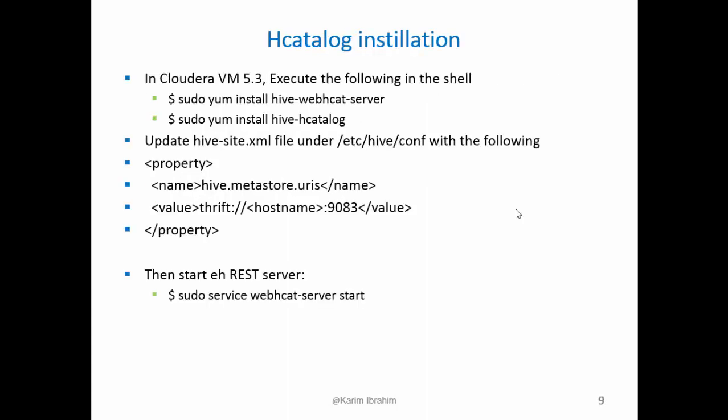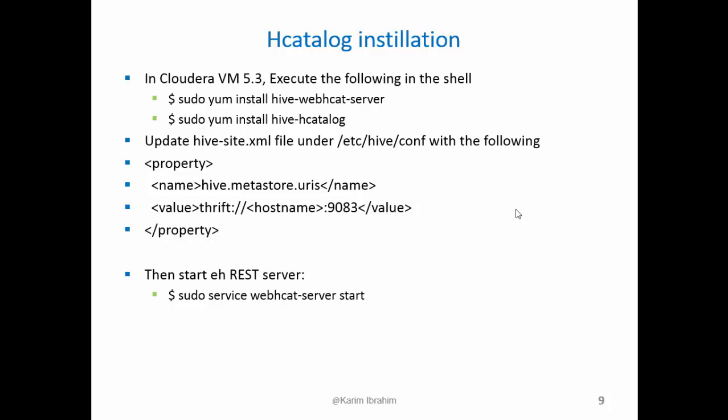For the HCatalog installation, I was able to install it on the Cloudera VM. The steps were: first do sudo yum install for Hive WebHCat server, and then sudo yum install for Hive HCatalog.